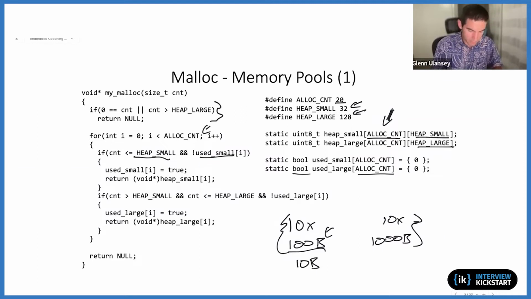In which case, check whether or not the Boolean array corresponding to the small heap has that entry free. If not, continue iterating along the loop. Once we find a free block in that pool, we set it to be in use, and then we simply return the memory address of that block. And if we didn't find anything, then we return null.